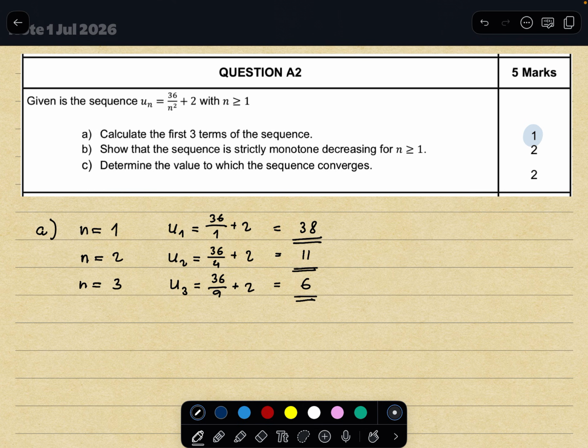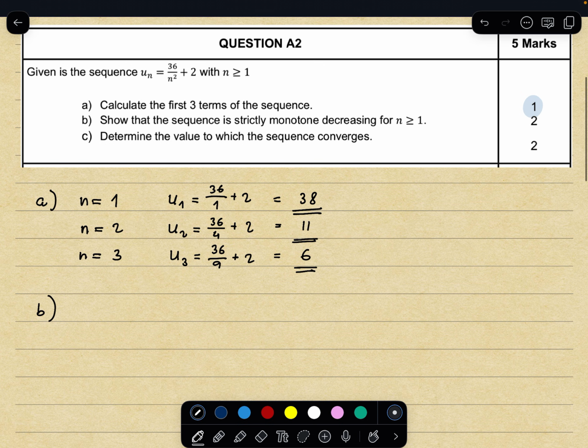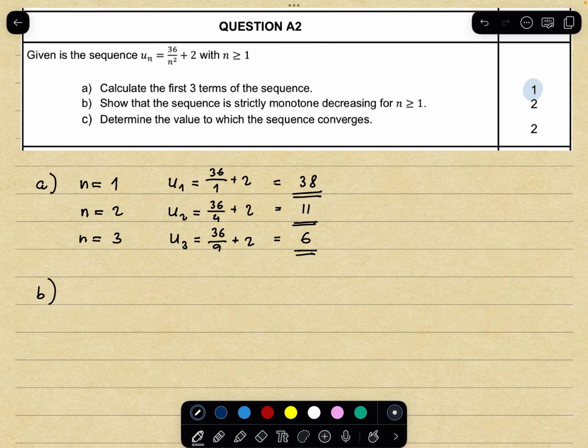Show that the sequence is strictly monotone decreasing. So we're to show that the sequence is only doing the same one thing, and that it's going down, down, down. You can kind of see it from the first 3 terms, but we're basically to show that this is the case. When we are given the sequence explicitly, the best way to go about showing this type of behavior is by considering the slope of that function, or the derivative.